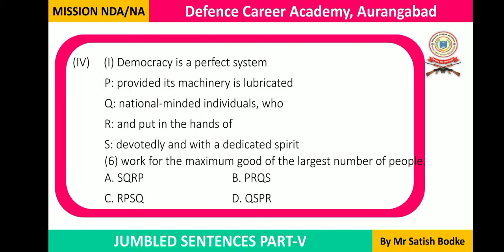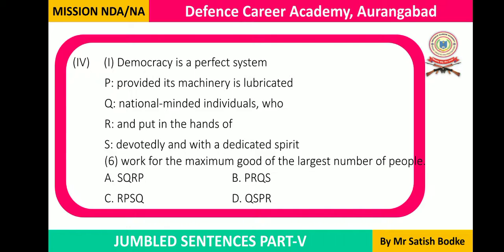So our correct sequence, the first part will be provided P. Here we have only one option which begins with P, and easily we can eliminate the other three options. Okay, and the answer is option B, PRQS. Yes, this is the right answer.